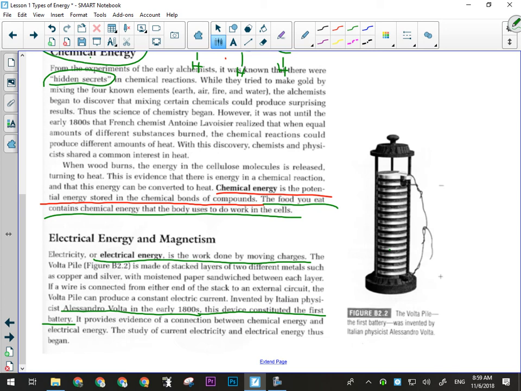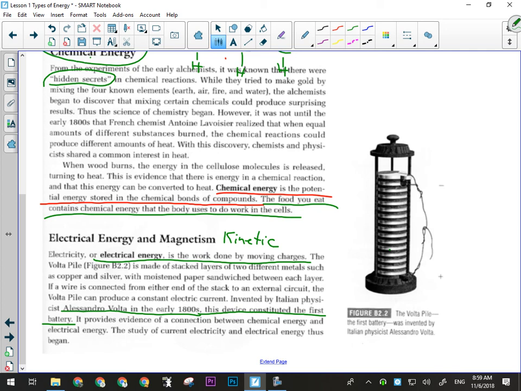All right, so electrical energy is the work done by moving charges, so it's actually a form of kinetic energy because it has to do with the movement of something. Okay, so obviously Alessandro Volta contributed a great deal to the science of electricity, hence the units for electrical power are named after him, volts.